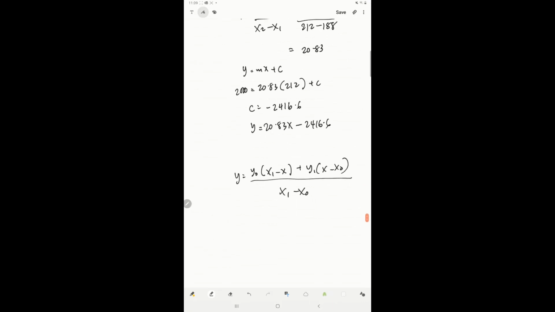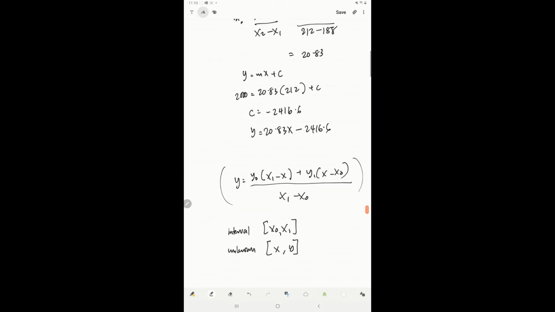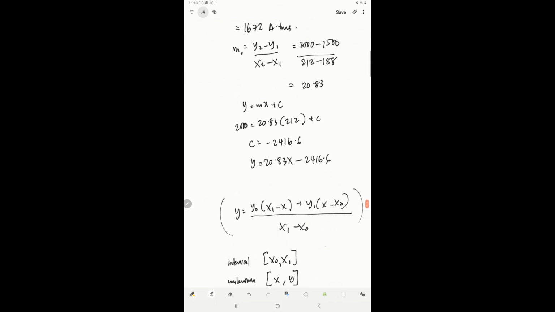Okay, so this equation will work if we know the interval between x naught and x1, and then the unknowns are basically x and y. So in this example, the range that you have for x is 188 and 212, right? So the y naught and y1 are simply 2000 and 1500.